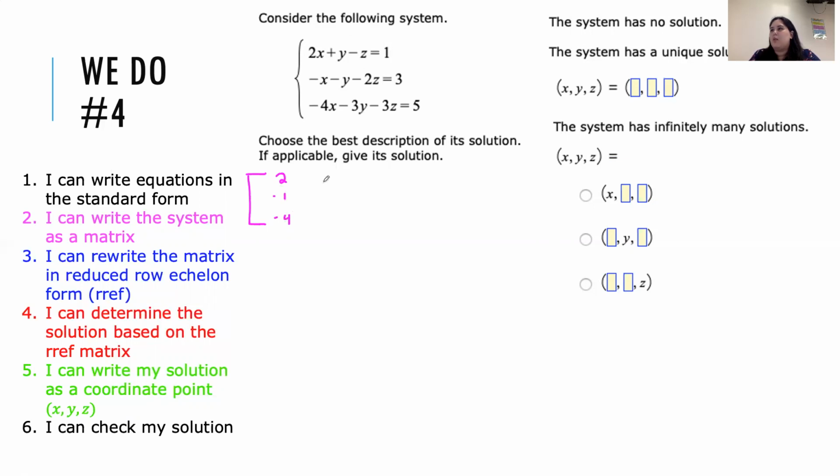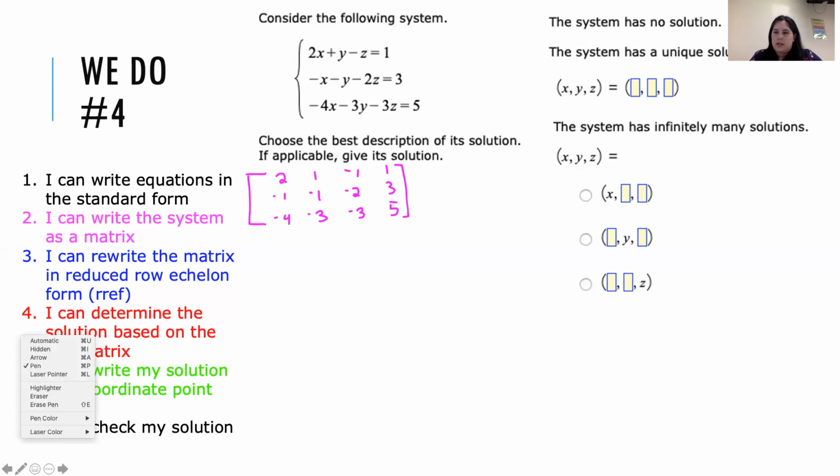In my second column, I would do 1, -1, -3. In the third column, -1, -2, and -3. And then 1, 3, 5 in my last column. So that would be my matrix for this.